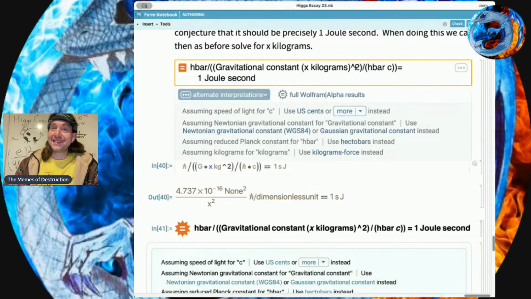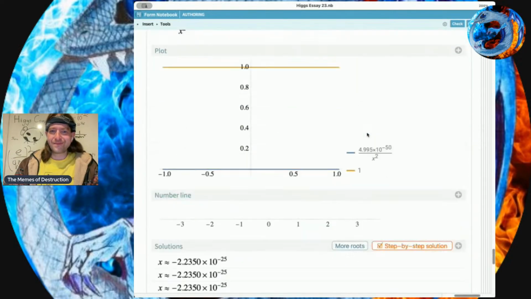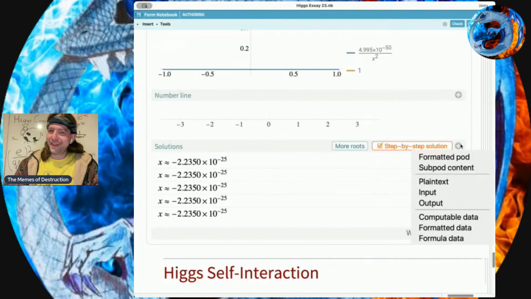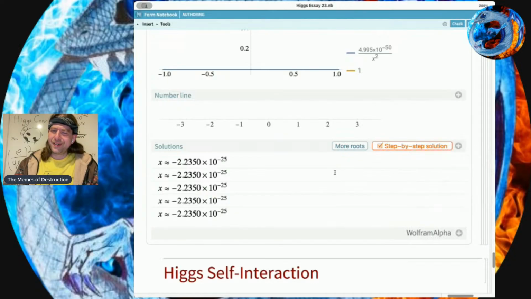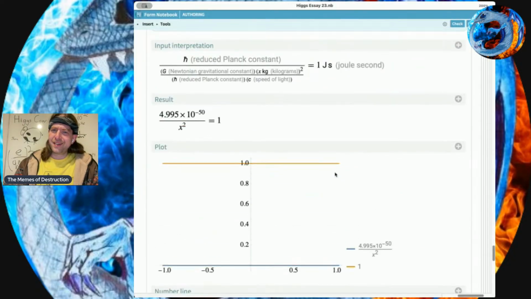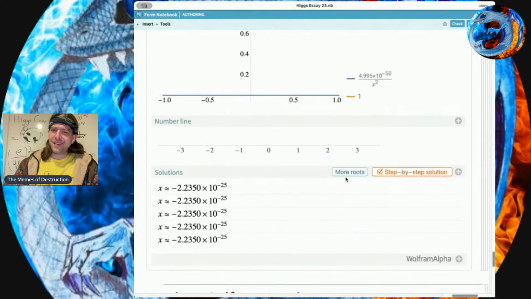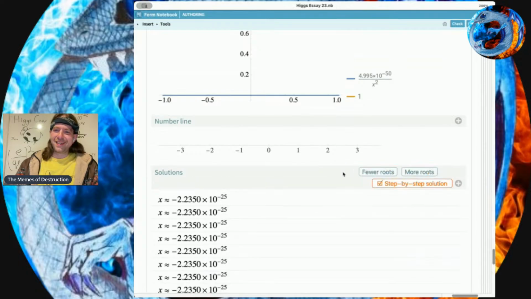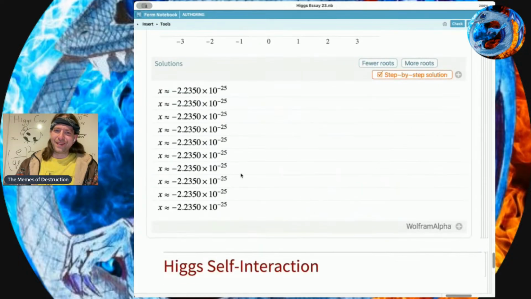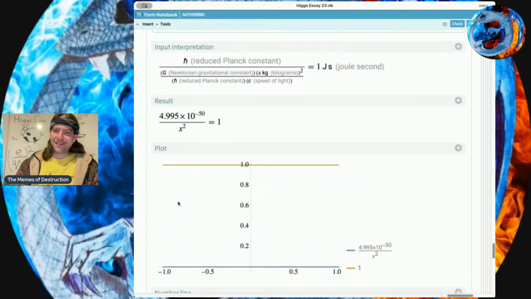But then again, the other thing, prettier. They shouldn't all be roots. Why are all the roots negative? Right or wrong?